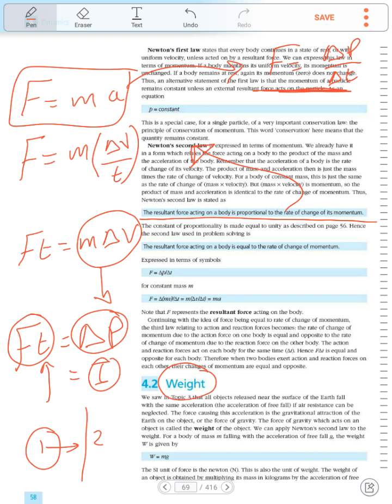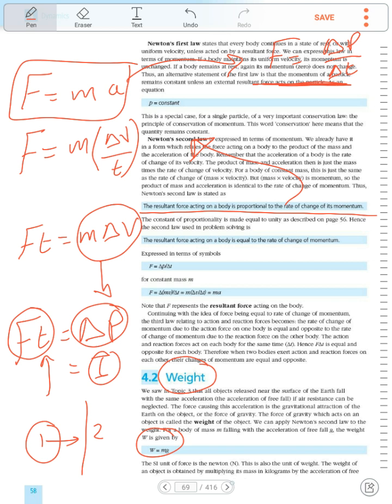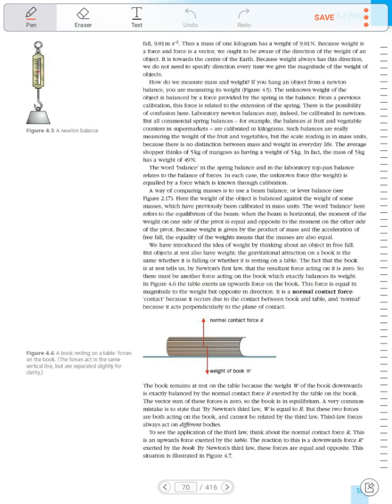I talked about weight a while ago, and weight, as you know, is mass multiplied by the acceleration of free fall, which is 9.81 on the earth. Normal contact is perpendicular to the surface. Here we have no normal contact because the object is not on a surface.